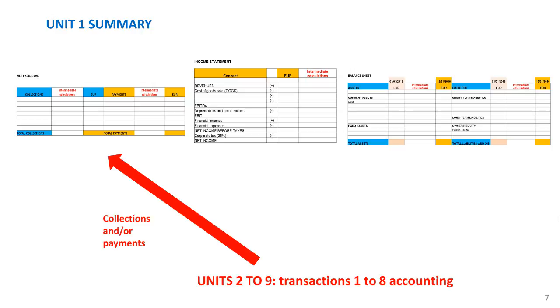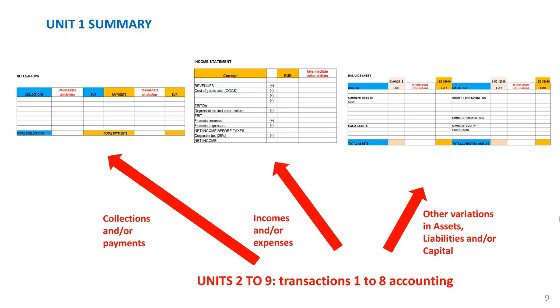We're going to draw from every transaction the potential collections and/or payments, if any. Then we will reflect them on the cash flow table. We're also going to identify and calculate the possible incomes and/or expenses related to each transaction. Then we will include them in the income statement.